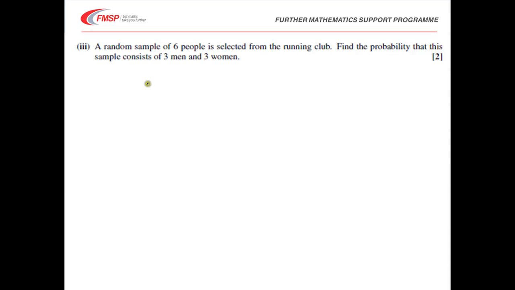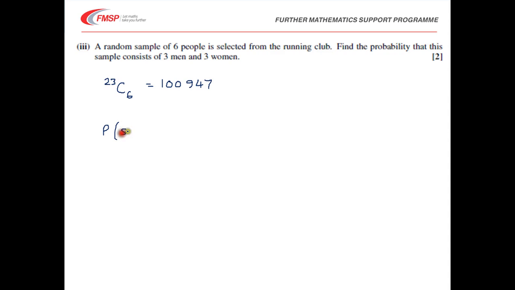Now for part 3. Well, our random sample of 6 people, there are 23 choose 6 ways of doing that. That's 100,947. That's all possible groups of 6 people, not just the ones with 3 men and 3 women.